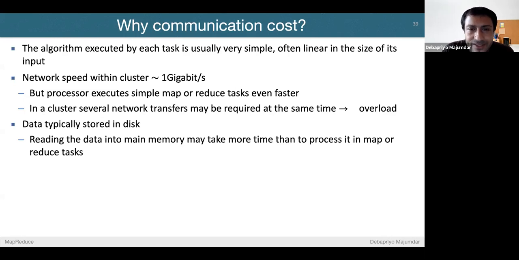One is the network, another is IO, the disk read write part. The communication cost is one of the main bottlenecks, and the disk read write part is also one of the bottlenecks. Hence, what matters is how much data you are transferring and how much data you are reading.